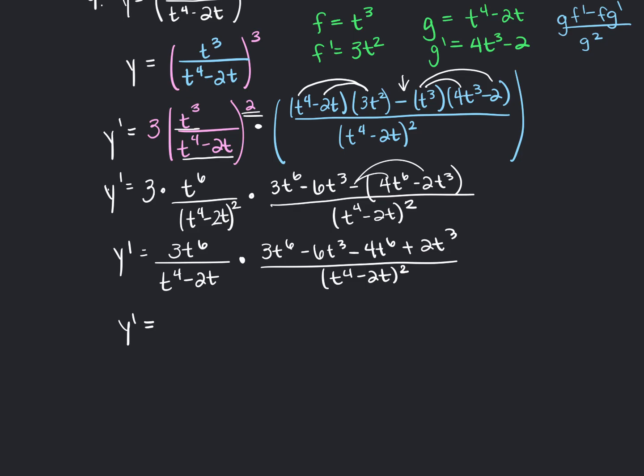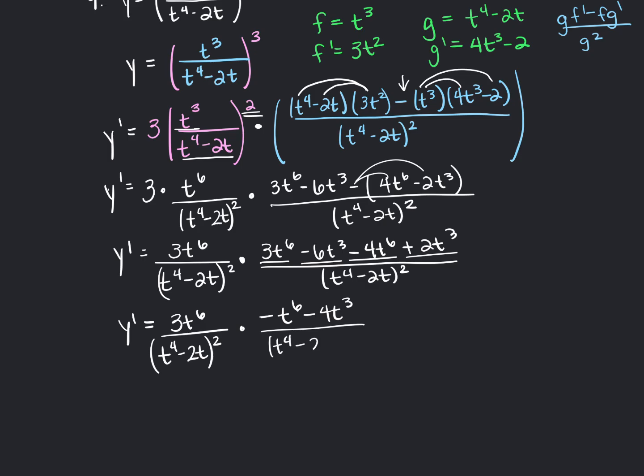Okay, so that's 3t to the sixth over, oops, that was supposed to be squared, t to the fourth minus 2t squared, times 3t to the sixth minus 4t to the sixth, which is negative t to the sixth. Negative 6t cubed plus 2t cubed is minus 4t cubed. All of that is over t to the fourth minus 2t squared.